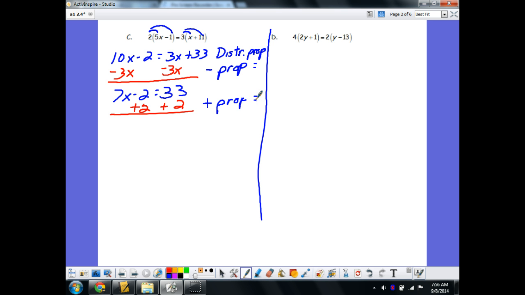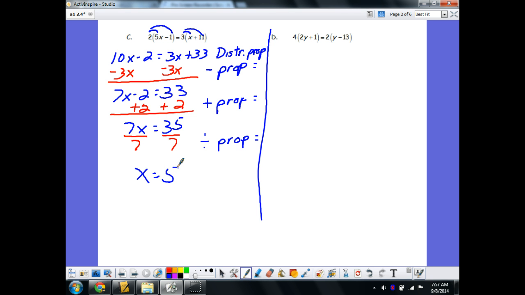So the equation we have now is 7x, 2's cancel, is equal to 35. And then to solve for x, we divide both sides by 7. And since we divided both sides by the same value, that is the division property of equality. And hence, x is equal to 5.